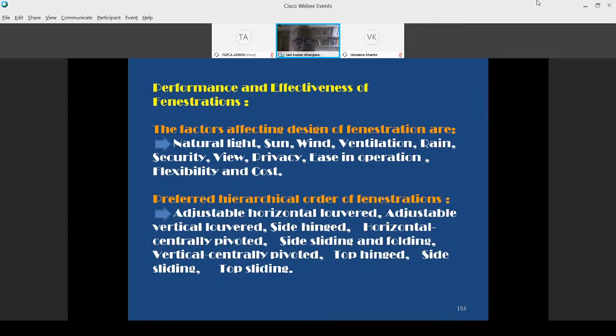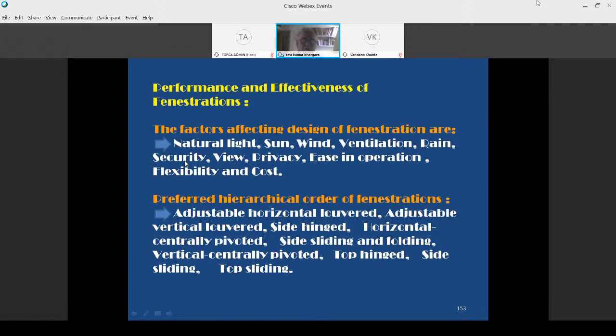Then wind, the most preferable element, generally bearable, though there is hot wind during summer. Then ventilation, very much required for our survival. Then rain, it is to be blocked. These are the parameters by which we will judge effectiveness and performance.